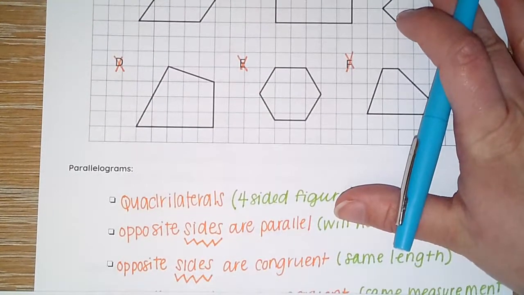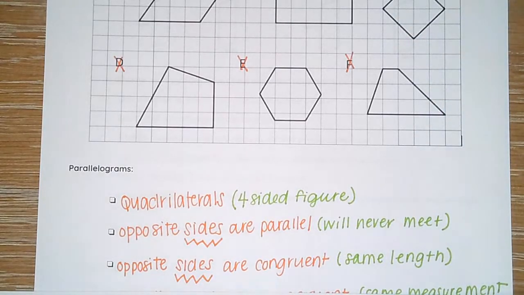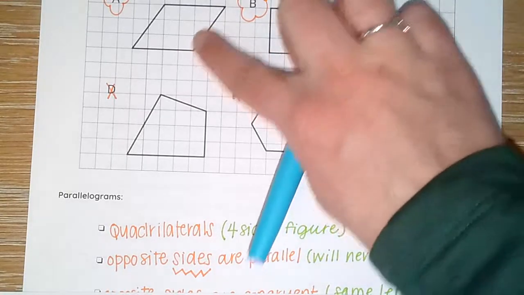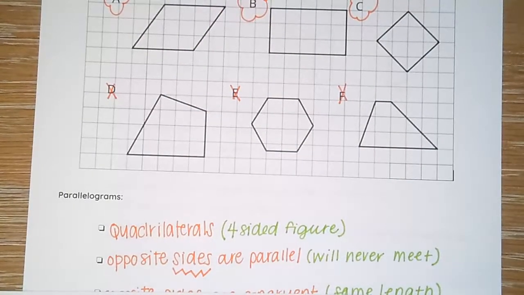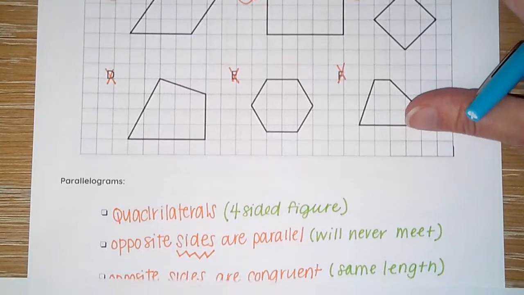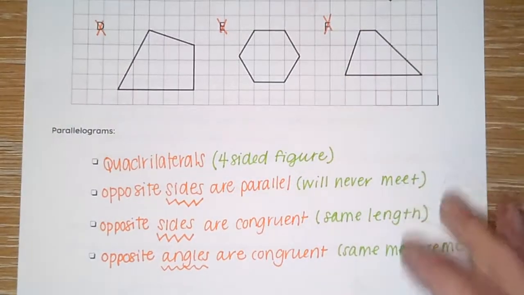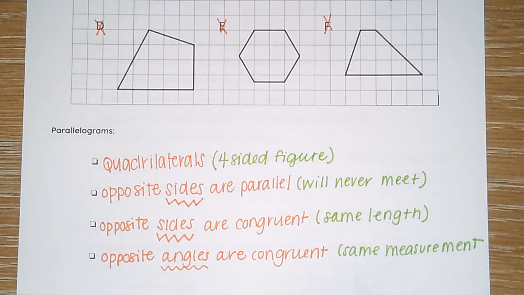Observation number 3 is that opposite sides are congruent. They are the same length. So not only are they parallel to each other, but they have the same measurement length. And then lastly, opposite angles are also congruent.